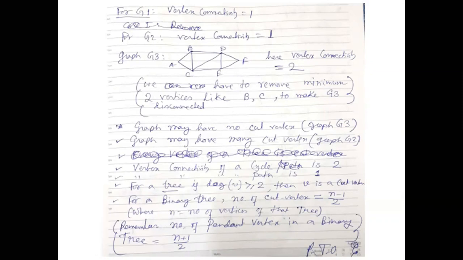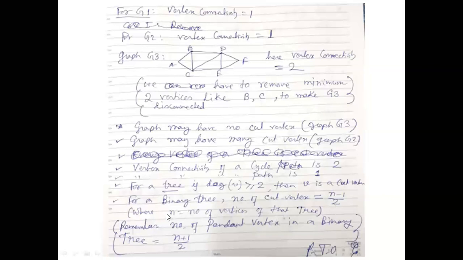But if you remove an intermediate vertex of the tree, you can see the tree is disconnected, right? For the tree, the degree of an intermediate vertex is greater than or equal to 2.